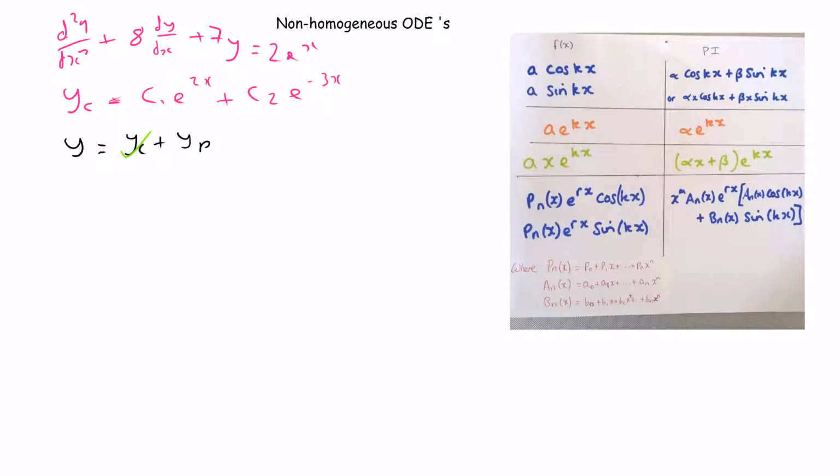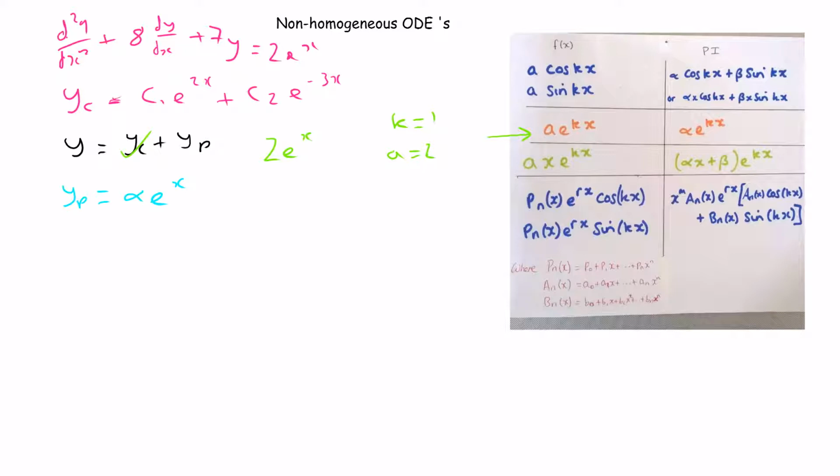If you can't remember how to work that out, that is in the homogeneous ODEs video. So our right hand side, our f of x now, is 2 e to the x. Looking at the table on the right hand side, we're looking here where k equals 1 and a equals 2. So that means that our particular function is going to be alpha e to the x, because k is 1.